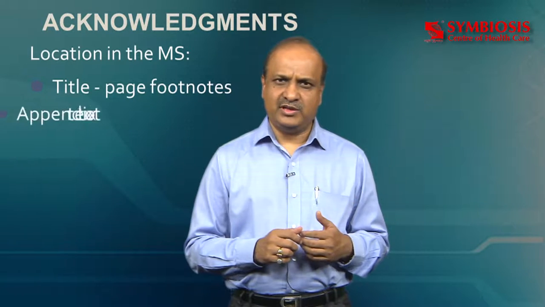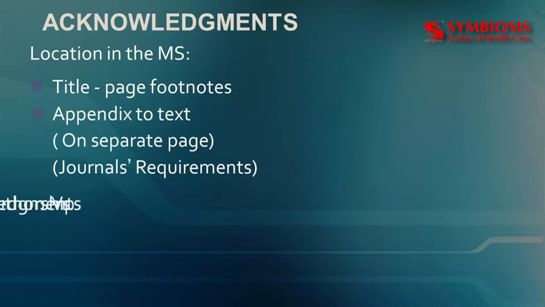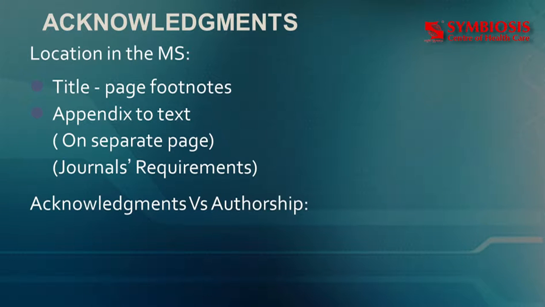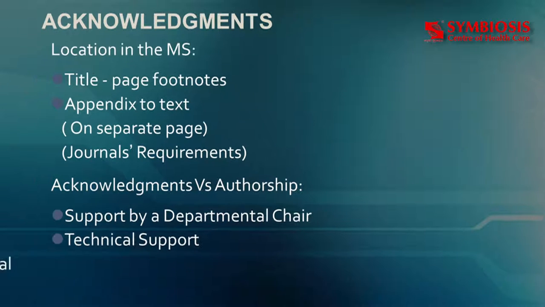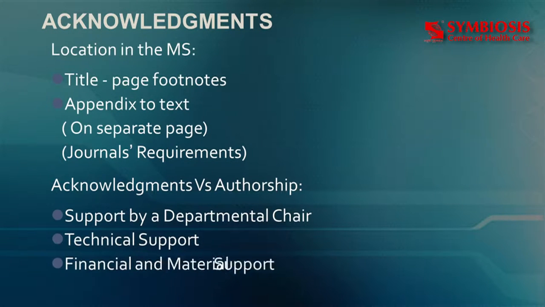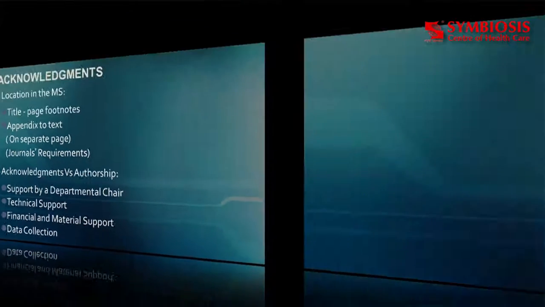You have to specify the location, generally in the manuscript, maybe at the title page or maybe at the end of the paper, as an appendix to the text. On acknowledgement versus authorship, we talked initially about the authorship guidelines. Here I would like to mention that support by a departmental chair, technical support, data collection support, or some financial and material support all qualify for acknowledgements and not for authorship.